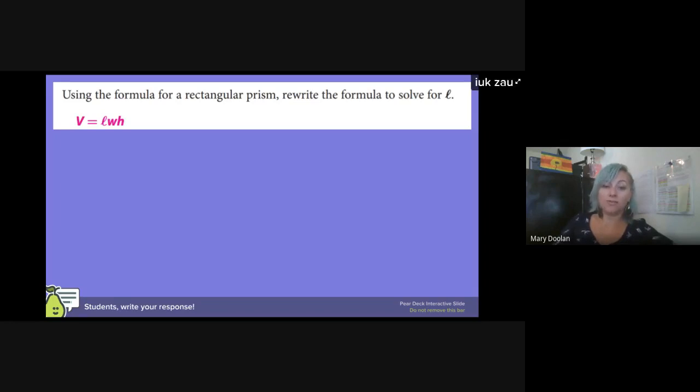In this formula, V is capitalized, L is lowercase, W is lowercase, and H is lowercase. The L is actually even in cursive, but we can't be typing in cursive, I know that. So just stick with capitalization or lowercase to be consistent in your answer.